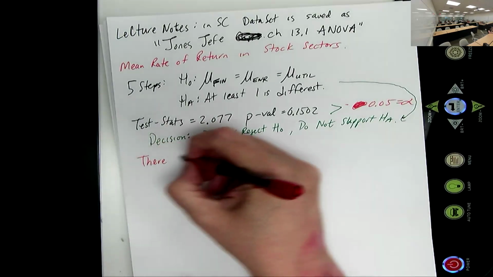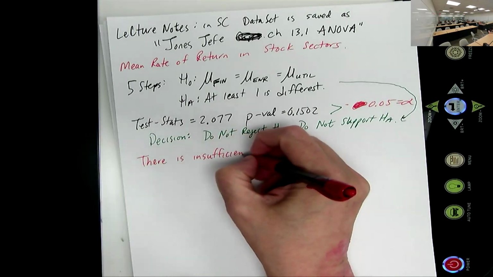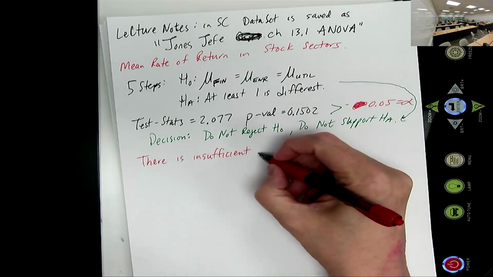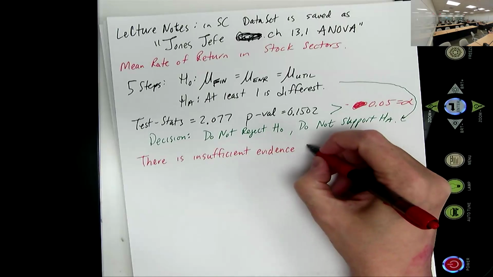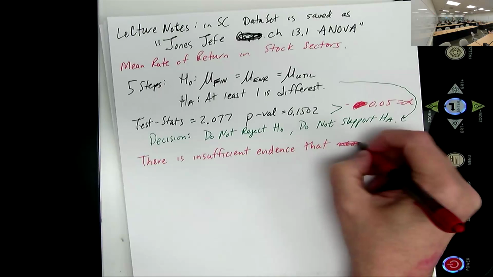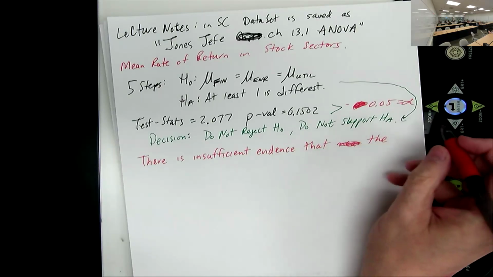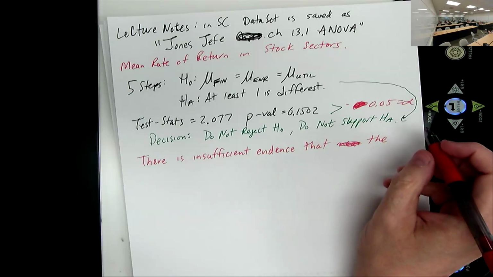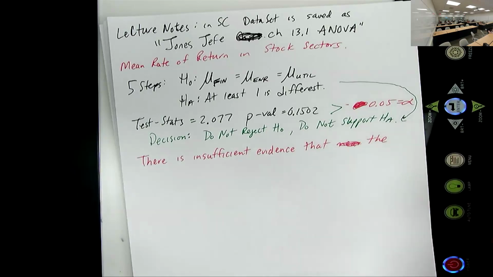There is insufficient evidence. I say not enough all the time, insufficient means the same thing. There's insufficient evidence that the mean rate of return. I think it actually said 5-year mean rate of return. Gotta look at the problem. Nope, just says mean rate of return.